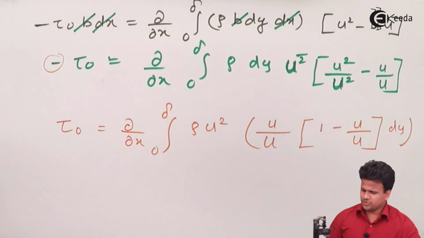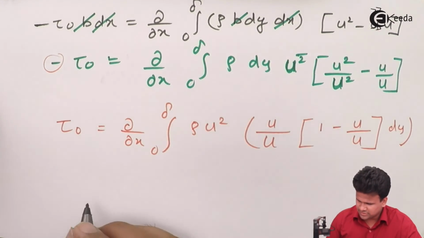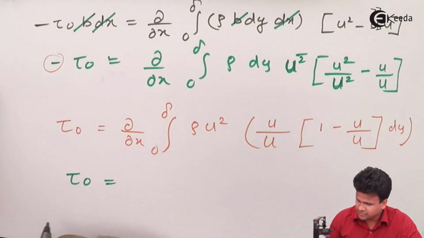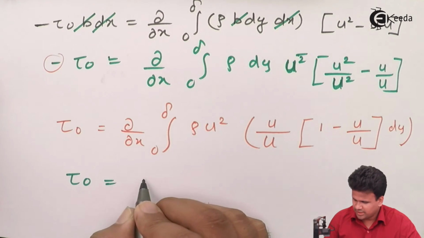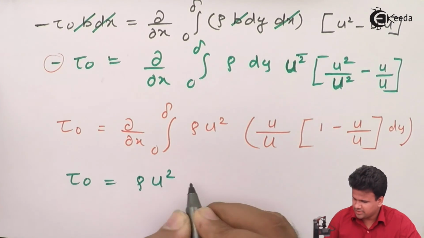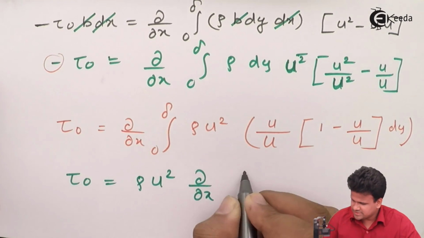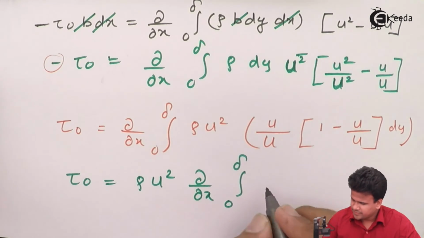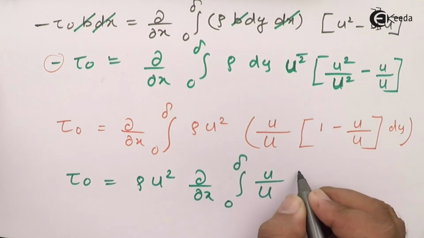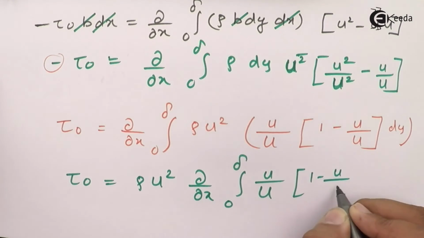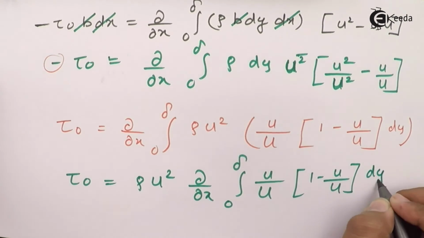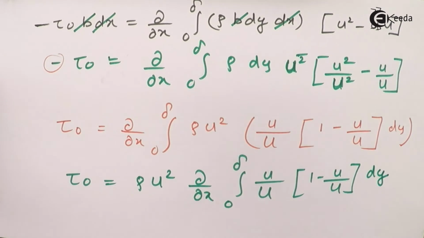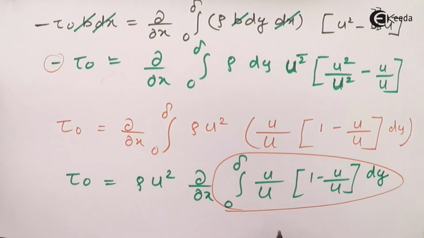So this rho into u square, that is the free stream velocity, is constant, so it comes outside the derivative, so that is minus tau is equal to rho into capital U square dou by dou x integral 0 to delta into small u upon capital U into 1 minus small u upon capital U into dy. Now we know this part is nothing but the momentum thickness.